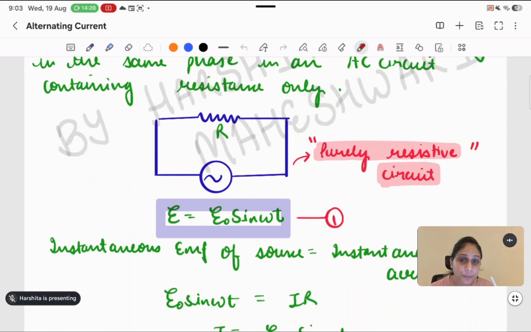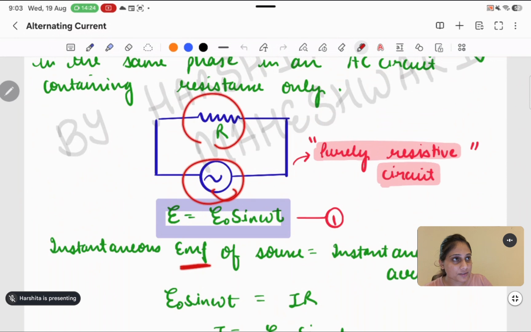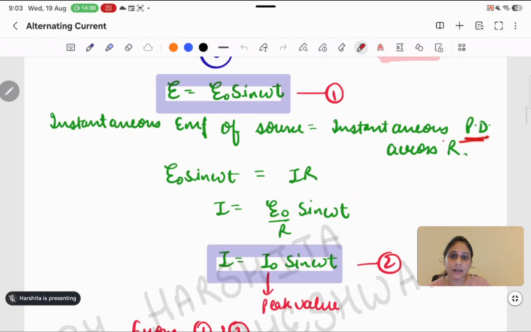So we are naming the potential across the source as EMF, and the potential across this resistor as the potential difference. So the instantaneous EMF of any source providing the voltage to the resistor will be equal to the instantaneous potential difference across the resistor. Keep writing these points.